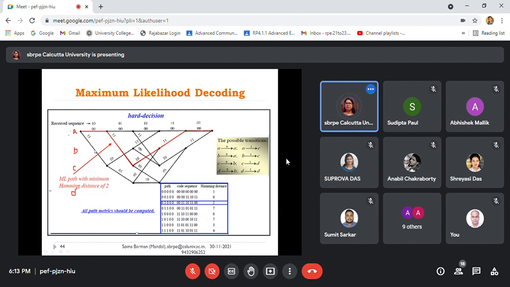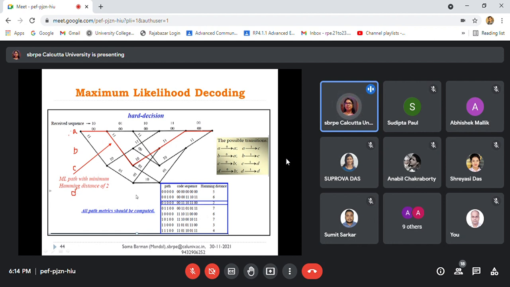Clear? So from this A node, how many paths? This path, this red one is also a path, this one is also a path, this way also, this path, this path. So how many paths will be there? 1, 2, 3, 4, 5, 6, 7, 8 paths. 2 to the power 3, 8 paths should be there, because all the paths will diverge and merge.